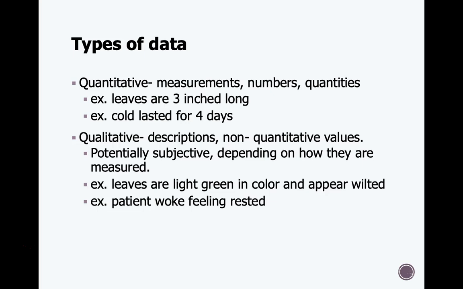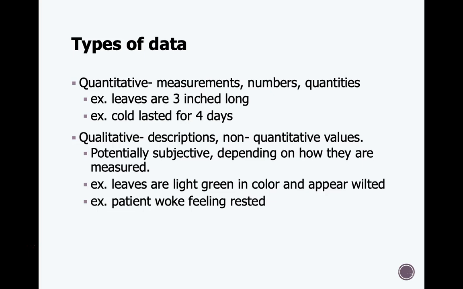So you just have to make sure that you're building controls into your experiment so that you get a proper qualitative measurement. An example with the echinacea experiment: people woke feeling rested. Your feeling rested might not be the same as my feeling rested. And so it's not that qualitative values are bad.